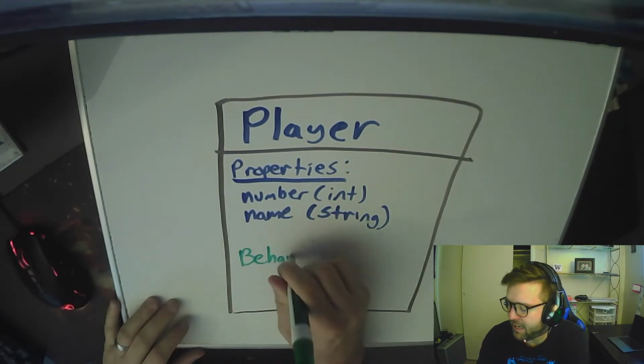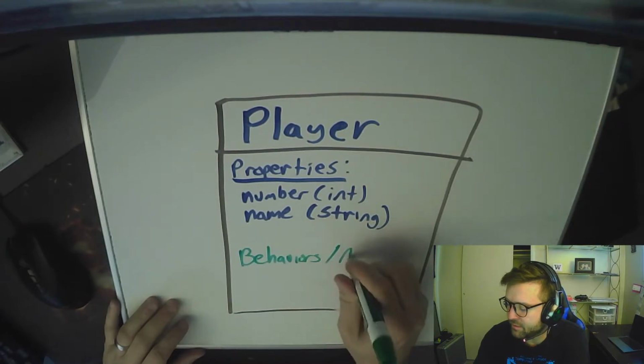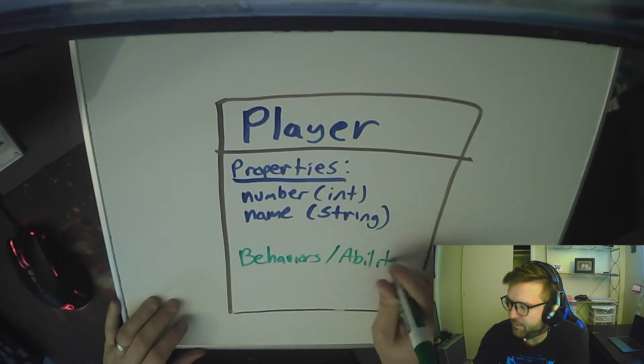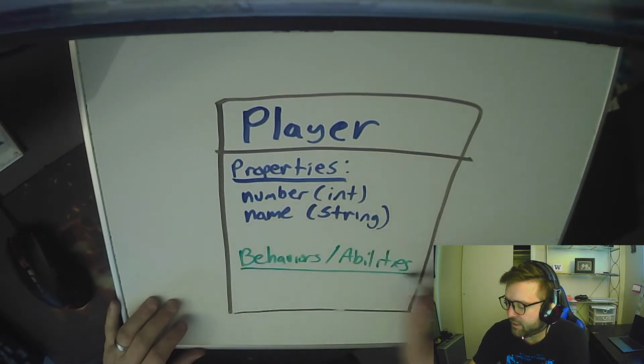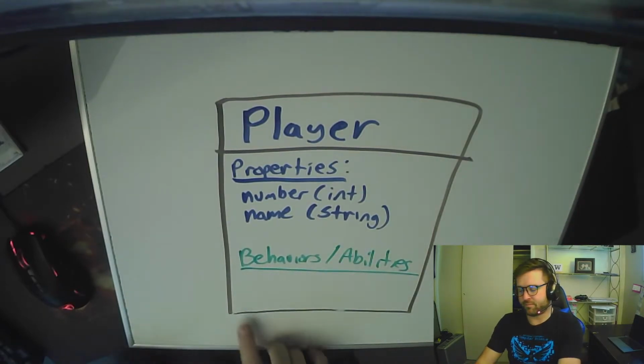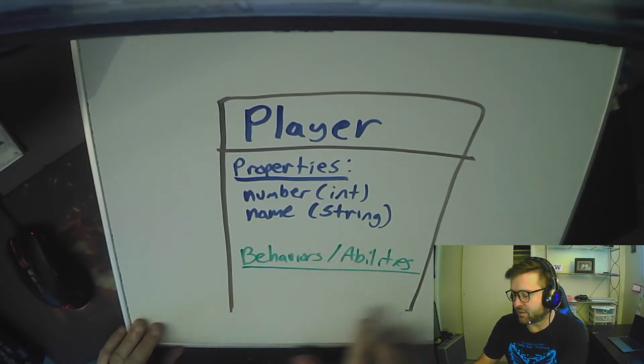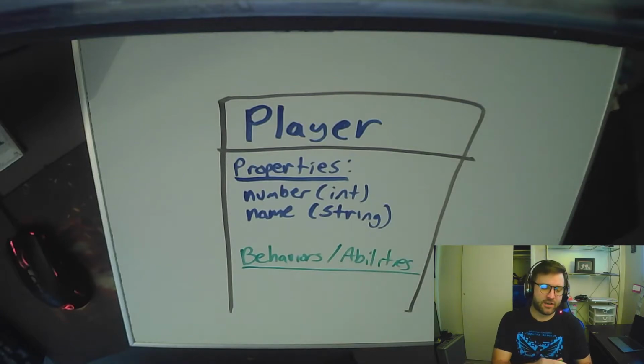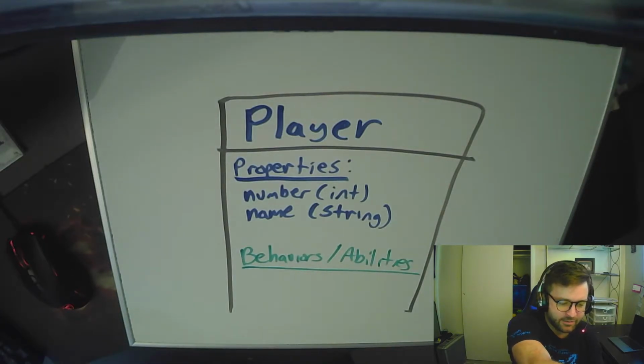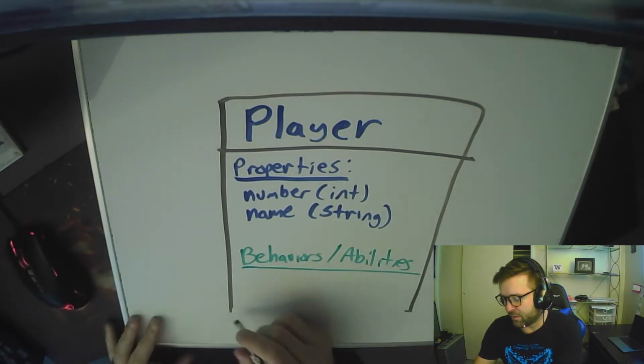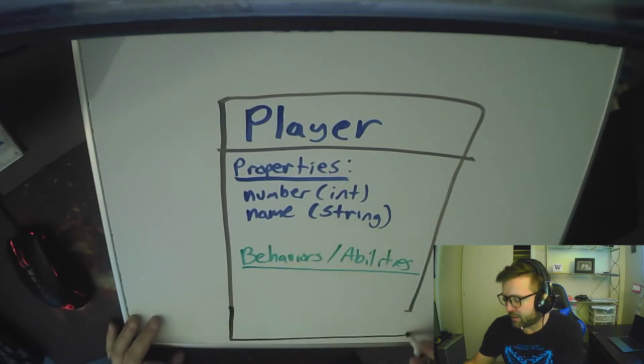I'm going to call it behaviors or abilities. Yeah, very good. Behavior came right into the chat right as I started writing it. Good. So this idea of an object in Java is this combination of data or properties along with behaviors and abilities that go with it, right?